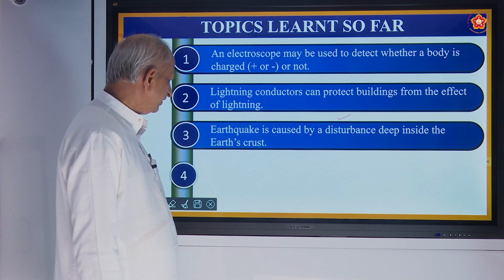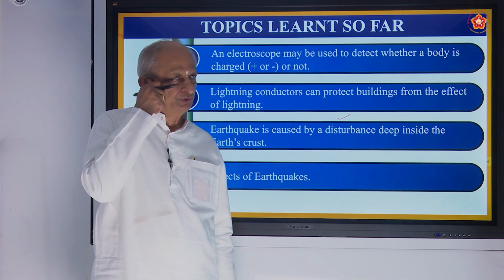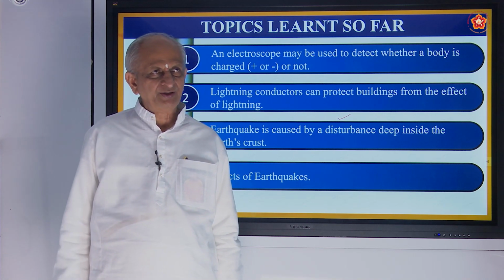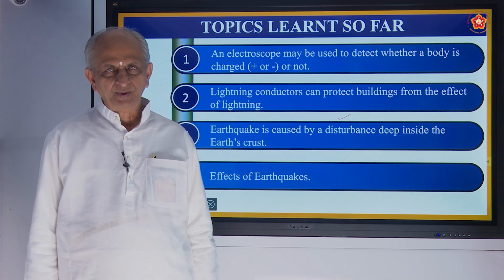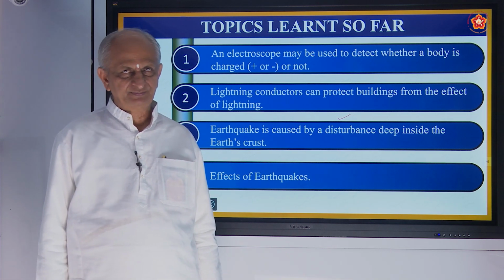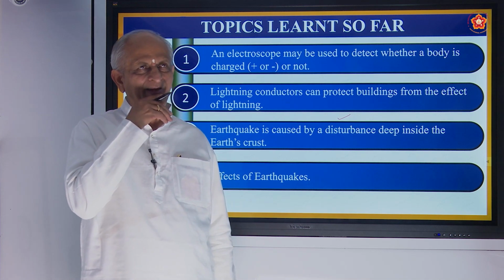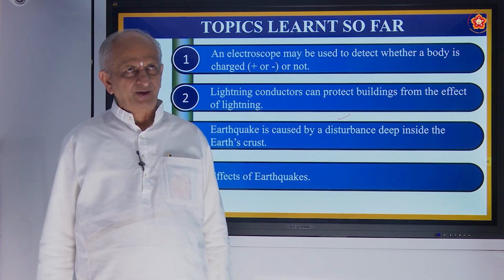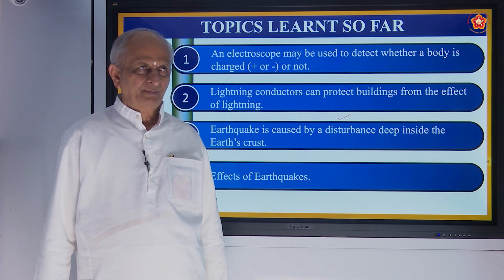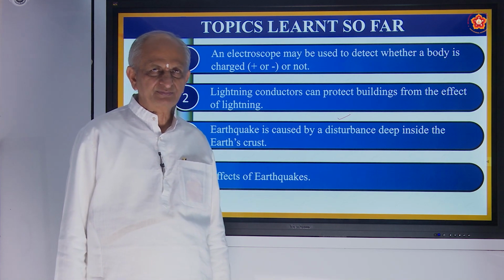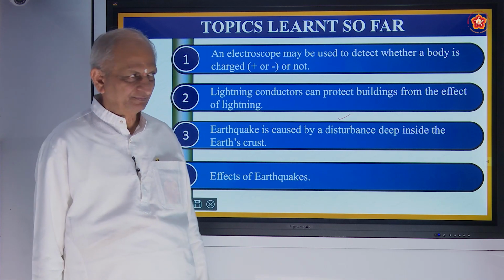So that causes earthquake. And we know very well how much damage an earthquake does. Is it not? If it is mild, less than say 5, there will be no danger. Only some tremors will be there. But if it is more than 7, very destructive. It is called destructive earthquakes.